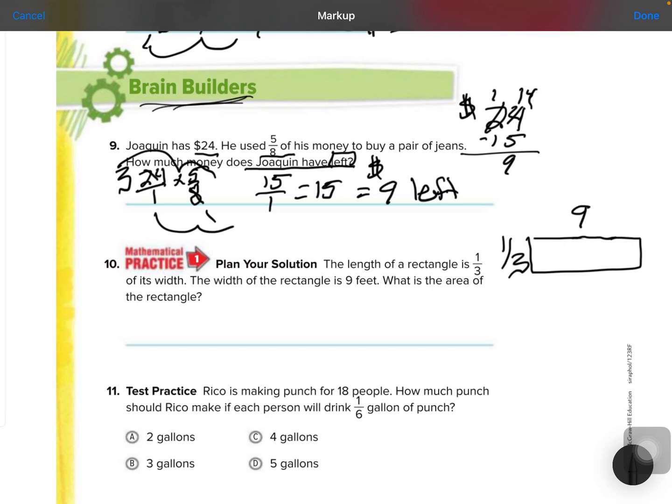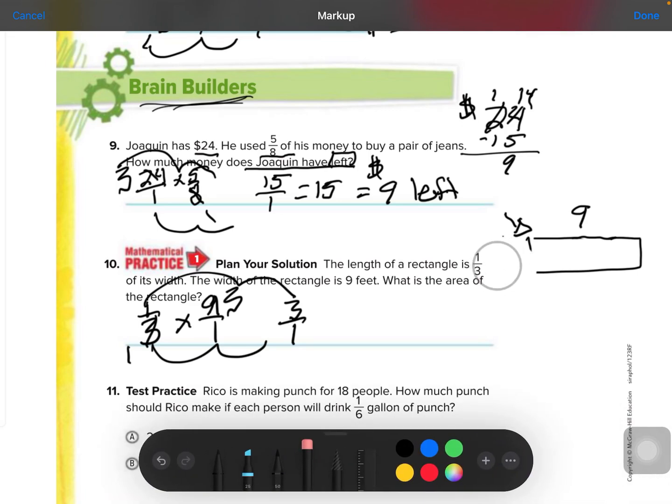The width of the rectangle is 9 feet. What is the area? Okay, so we have to figure out what this is because we don't know what the length is. So we're going to do 1/3 times 9 over 1. Now that goes into 3 once. 3 goes into 9 3 times. So we have 3 over 1.